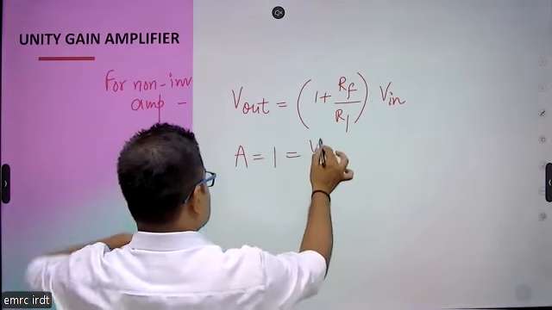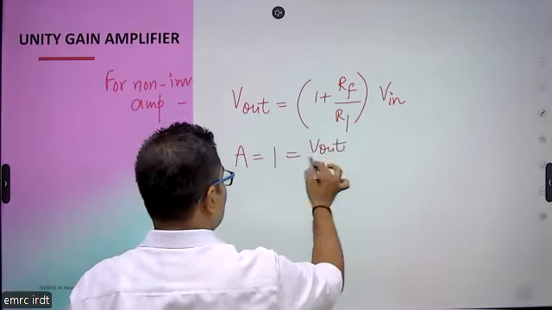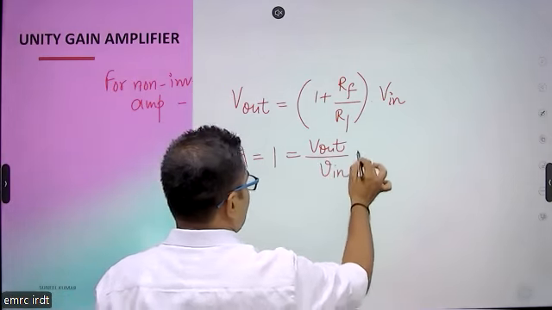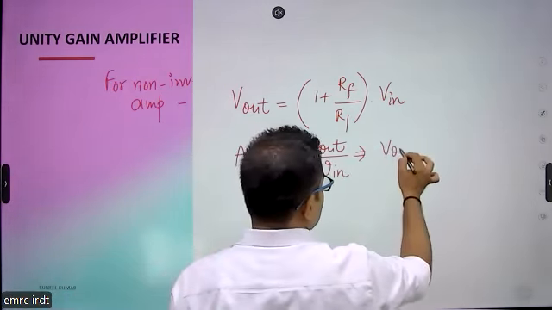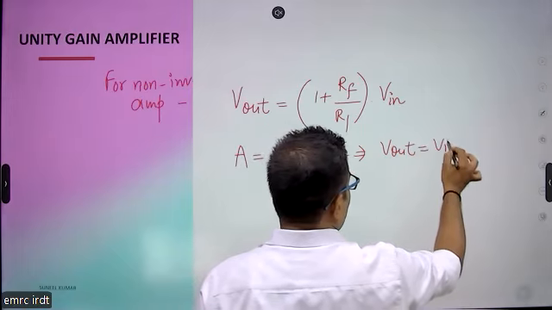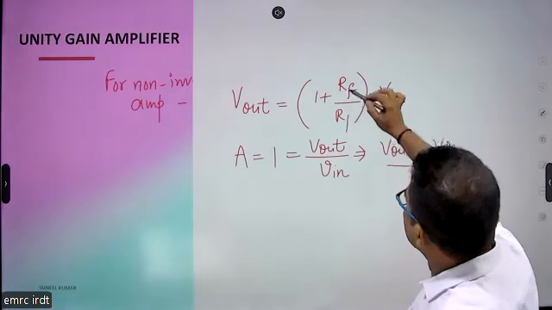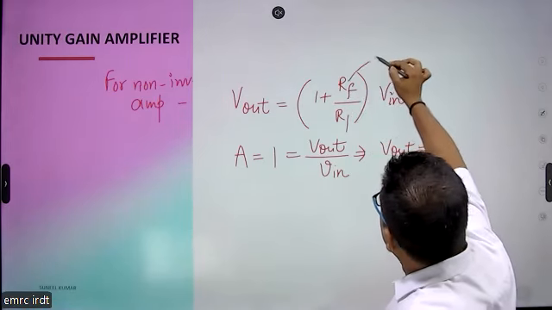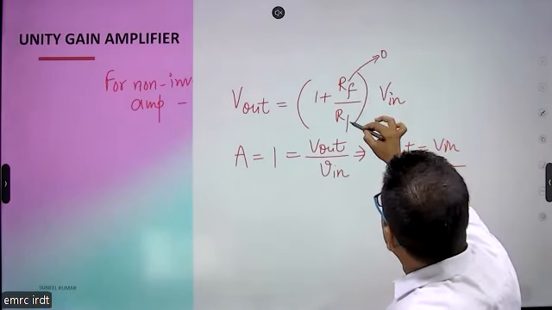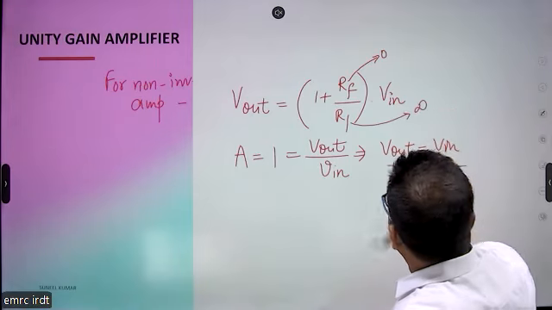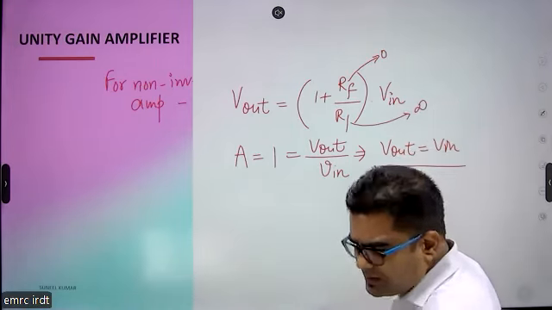Gain should be 1 means output must be equal to input. So how can we make this? We can make it by considering RF as 0 and R1 as infinite.